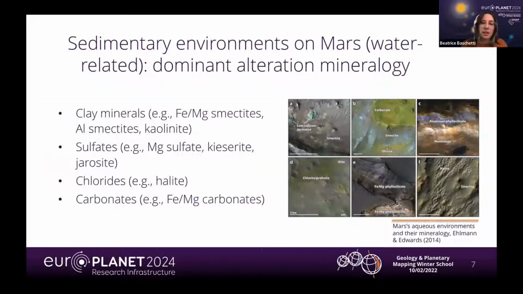So the dominant alteration mineralogy of the water-related sedimentary environments are clay minerals, for example, smectites, rich in iron, magnesium, or rich in aluminum, or sulfates, and also chlorides and carbonates.